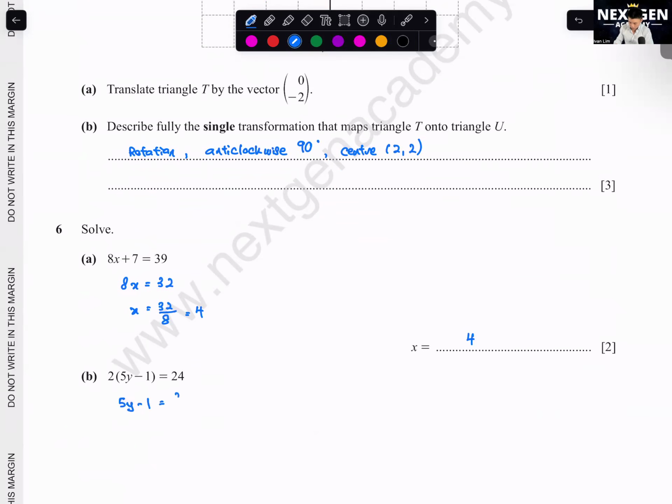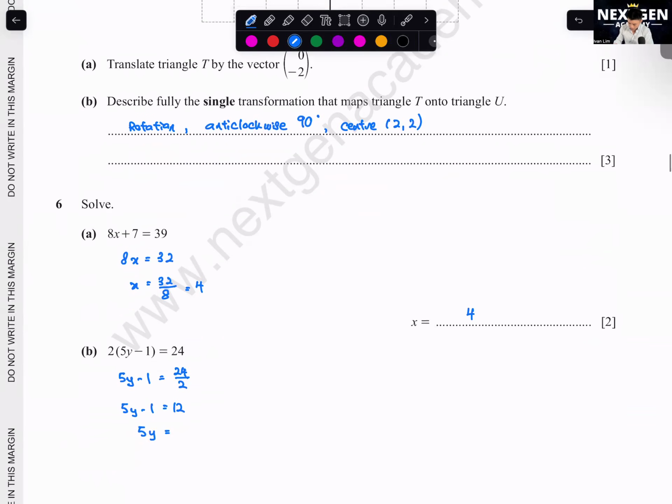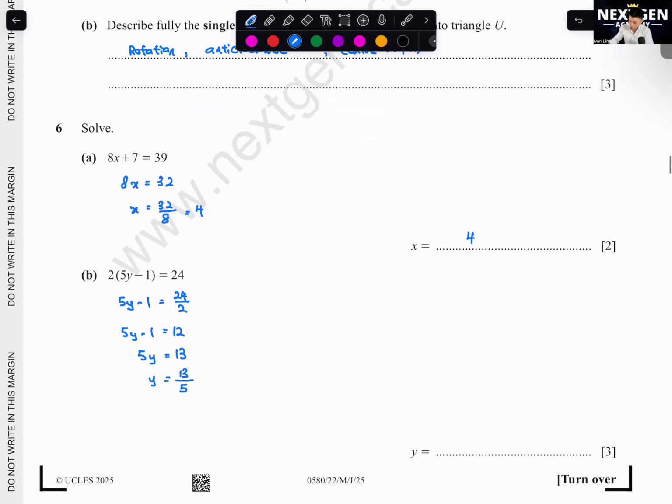We can divide it by 2 first. 24 divided by 2. So 5y minus 1 equals 12. We add 1 on both sides. So 13. Y will be 13 over 5. You want to change it to decimal or not is up to you. My suggestion, don't go and change. If they never ask you to do, don't go and do anything extra.